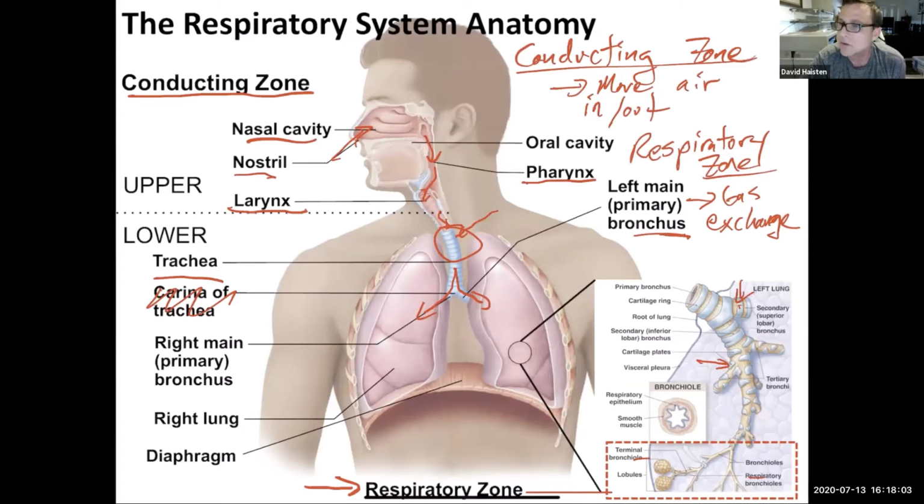So your respiratory passageways or ventilation passageways, the conducting zone, is held open with hyaline cartilage so it doesn't collapse.